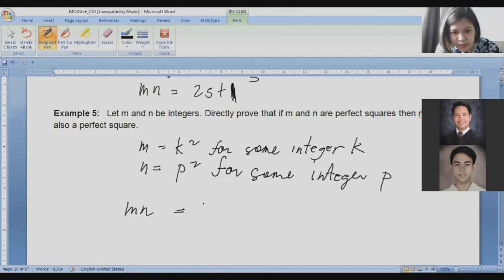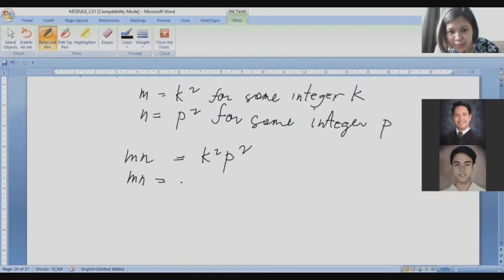So, K squared times P squared. MN is equal to, di ba parehas silang naka-squared? Pwede nyong pagsamahin na lang yung variable, i-square nyo na lang isang beses. So, ngayon, tapos ka na.